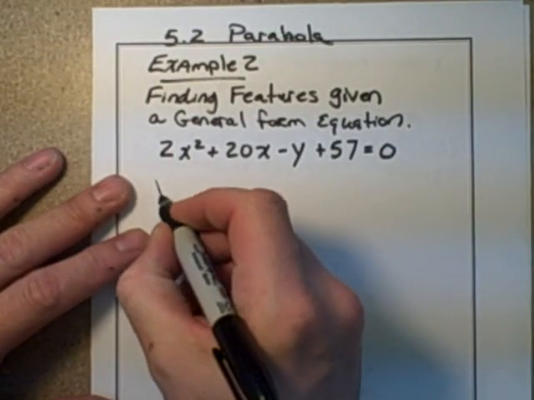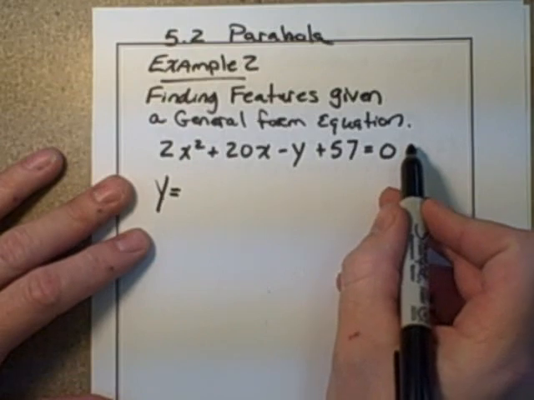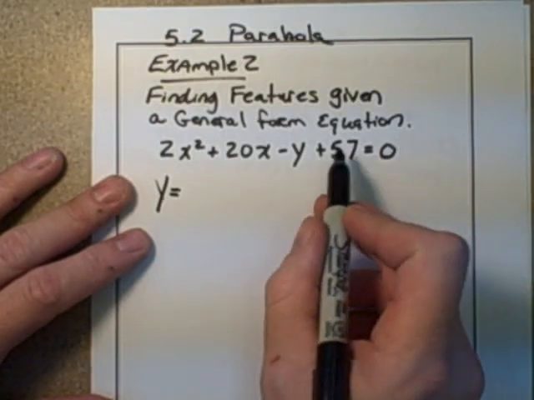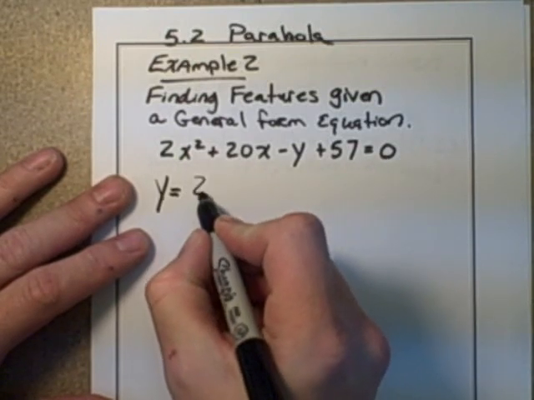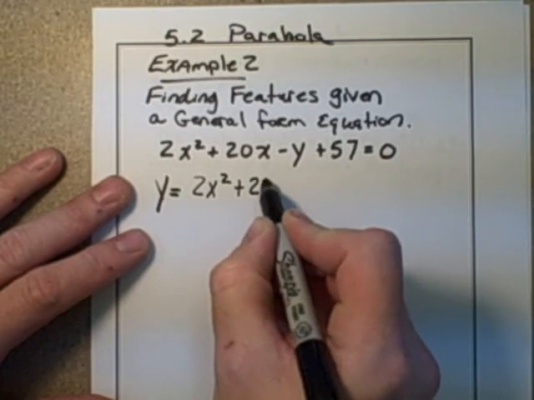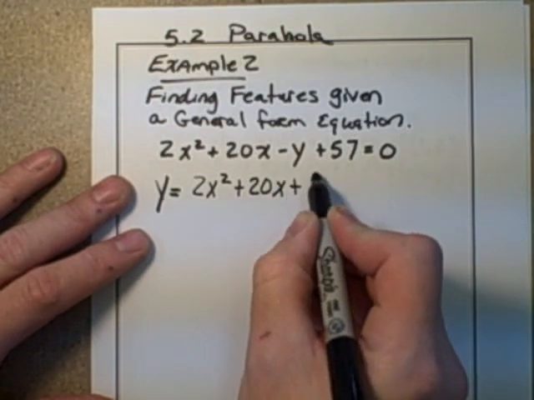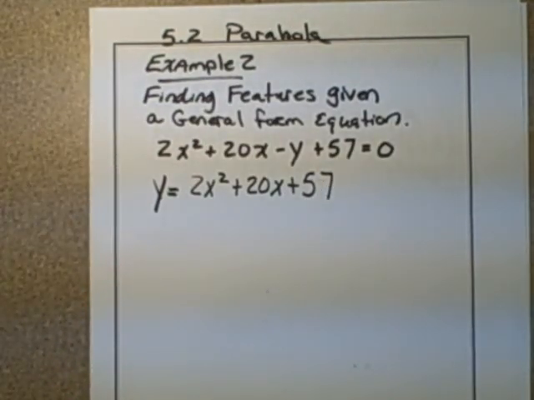So that's going to make it y is equal to, so I'm moving it over there, okay? That's going to keep all these the same sign here: 2x squared plus 20x plus 57. Then we have to think to ourselves, what do I want to do now?